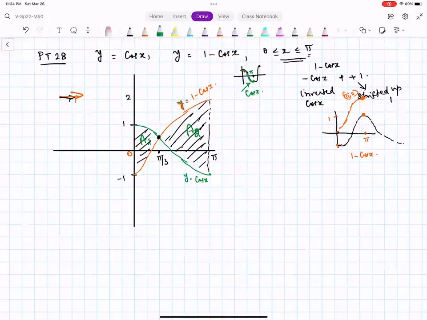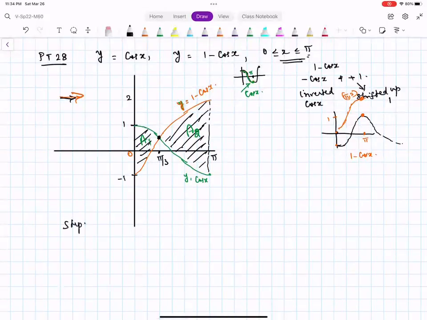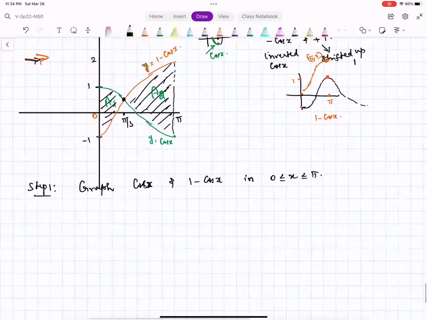So step number 1 is to graph the two graphs, cosine x and 1 minus cosine x, in the interval 0 to pi. That part we have done. Then where do the two graphs meet?